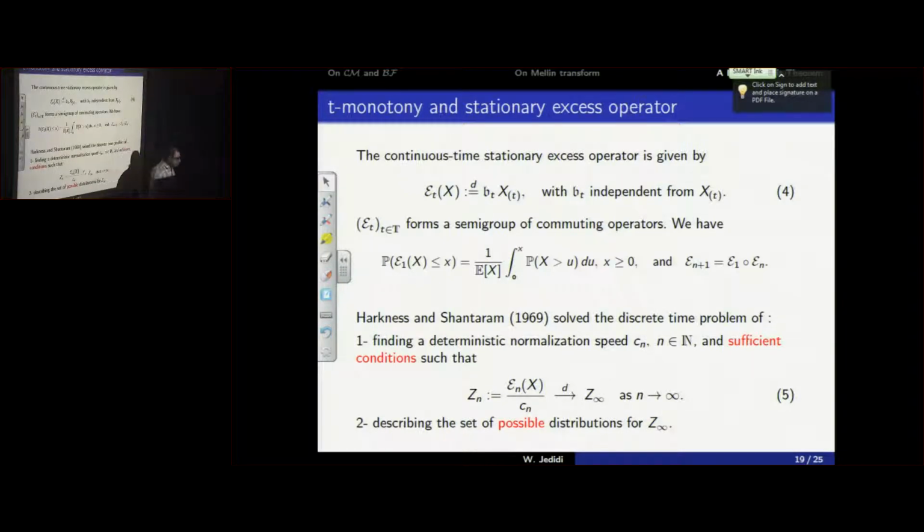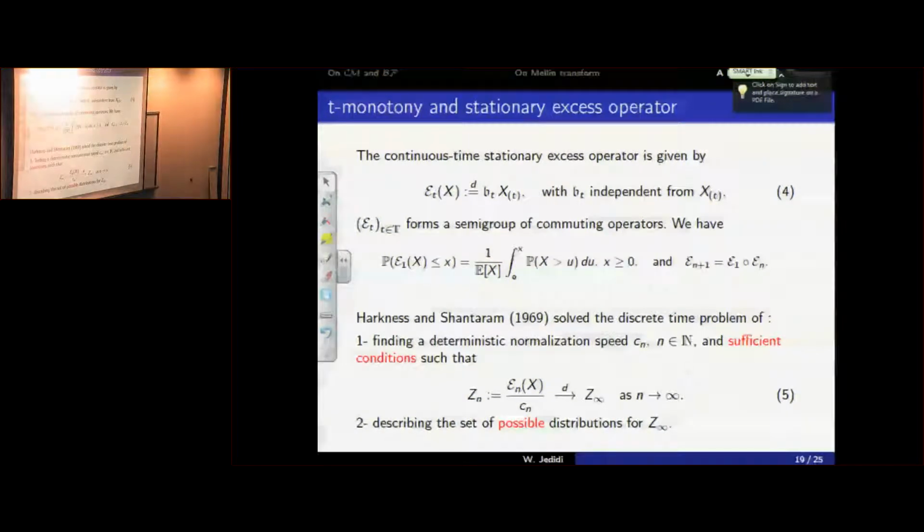This kind of theorem is very familiar for probabilists and also analysts.